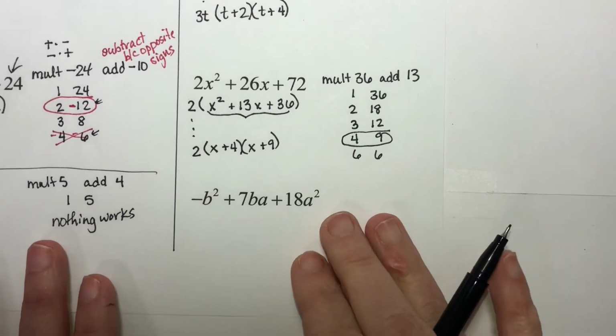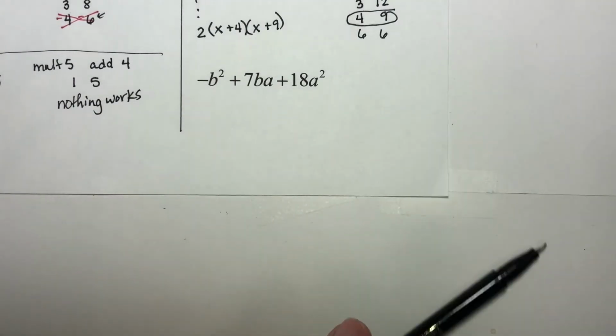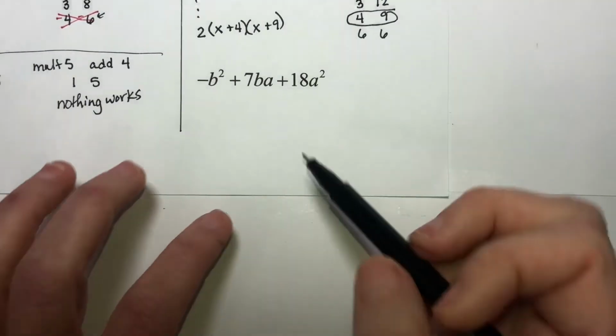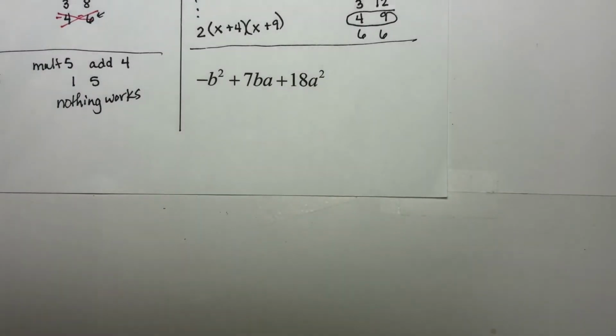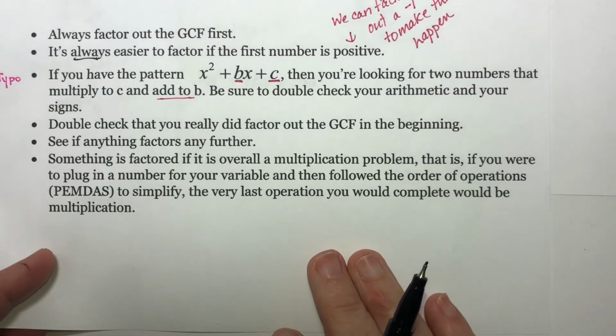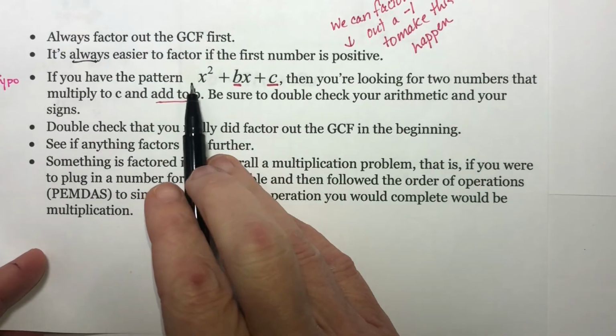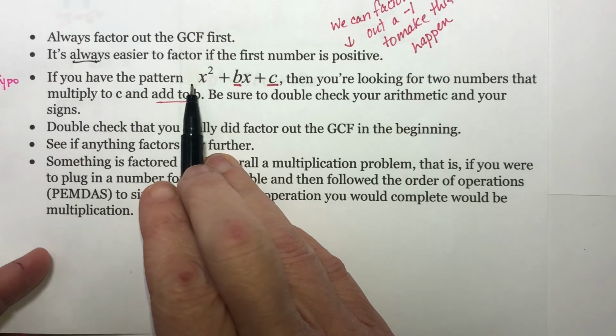Okay, so let's look at our last problem. Negative b squared plus 7ba plus 18a squared. Okay, on the first page, one of the things I said was that, first of all, we technically don't know how to deal with it when you have a number other than 1 in front of your x squared.